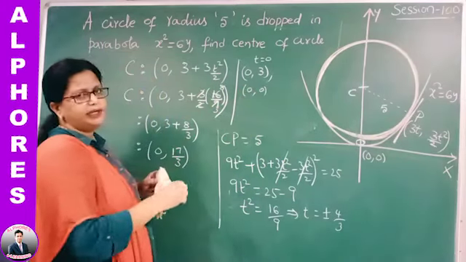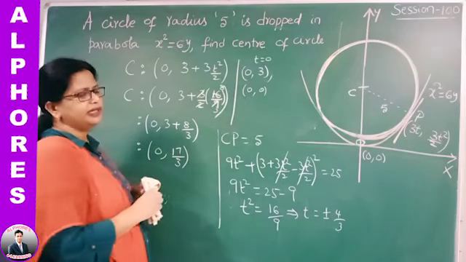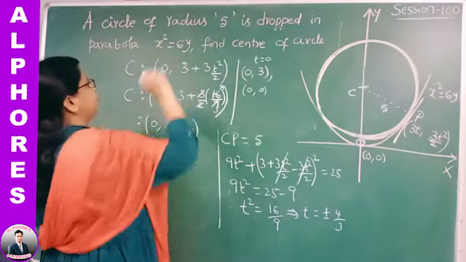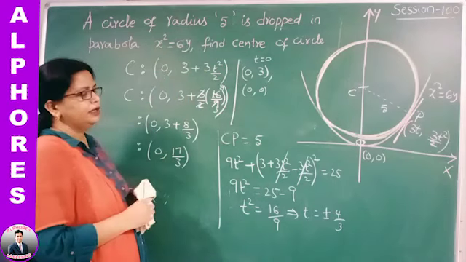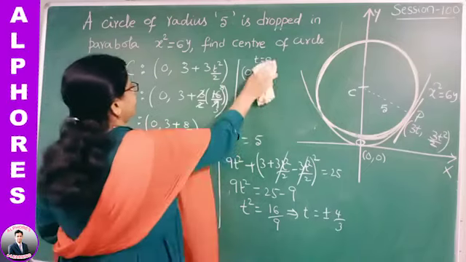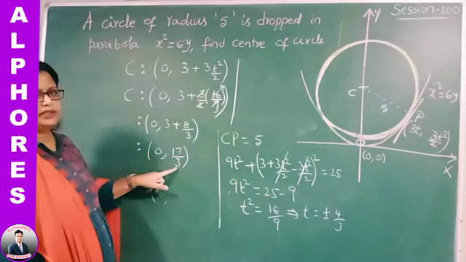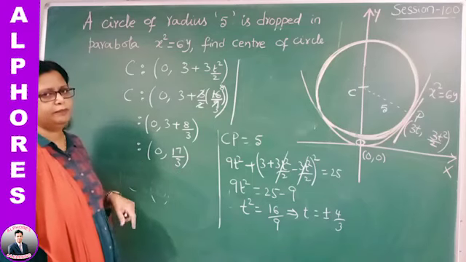But if you find the distance between these 2 points, you are going to get how much? 3 units. But how much did they give in the problem? It is 5 units, right? That's why we are not able to take t equal to 0. Hence, what is the center of this circle, students? It is nothing but (0, 17/3).